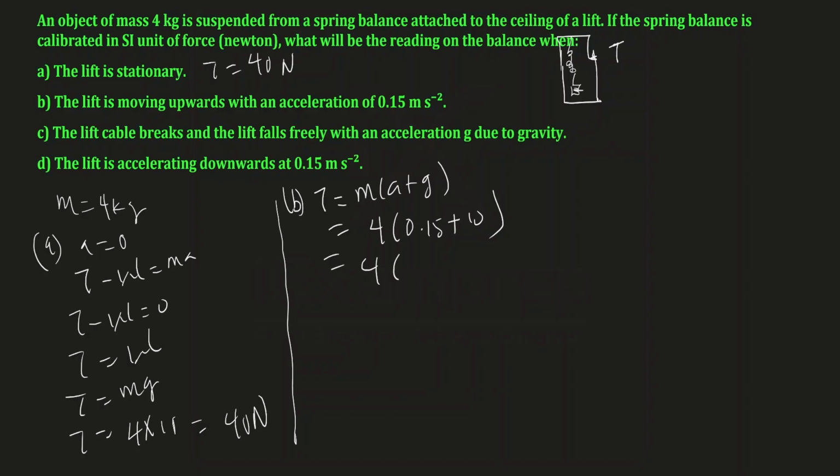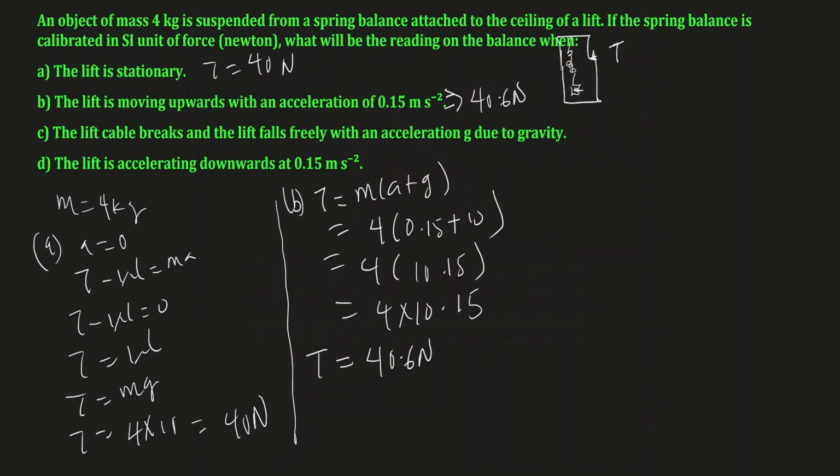So we have 4 into 10.15, which is going to equal 40.6 Newton. So when it is accelerating upward, we have an apparent weight of 40.6 Newton. As you can see, it is greater than the real weight.